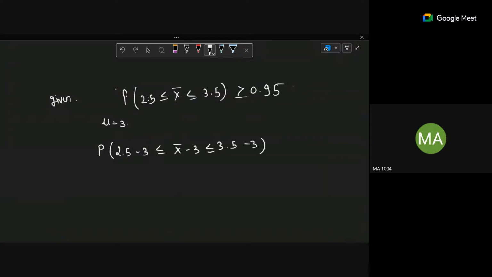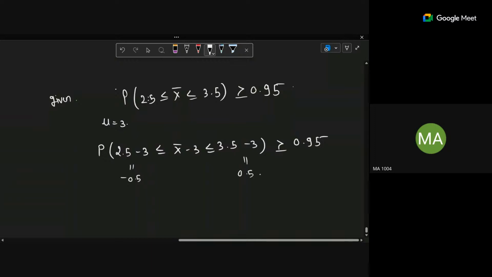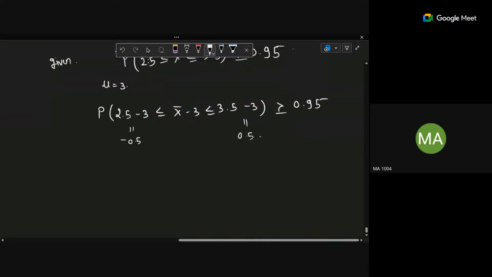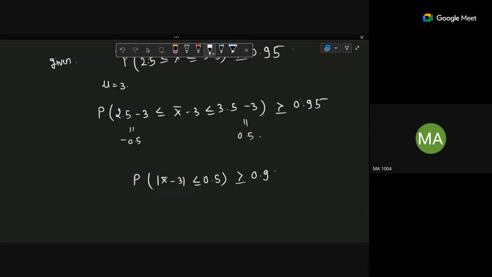Now you will get negative 0.5 and 0.5. So which form will you use?